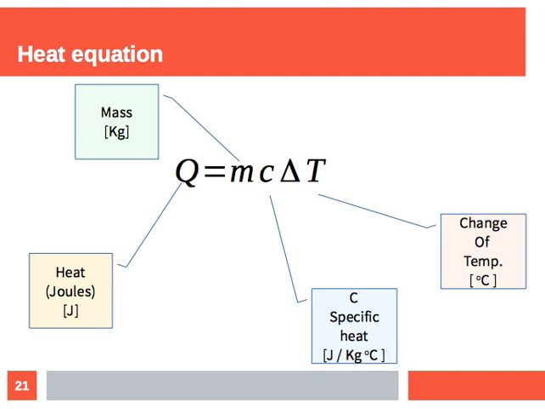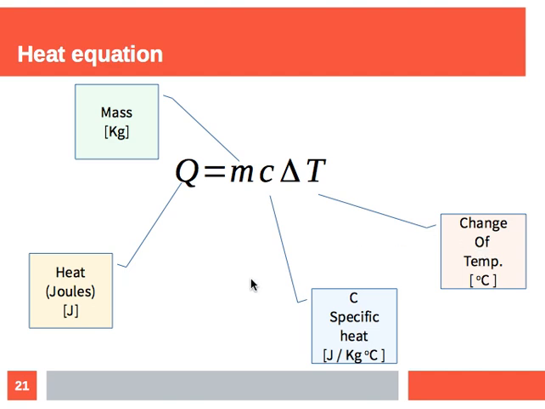I didn't tell you the unit before. But now I'm telling you, the specific heat unit is going to be joules over kilogram times degrees Celsius. And this delta T appears again, and that's going to be the change of temperature, and it has to be in degrees Celsius. That's going to be your equation.